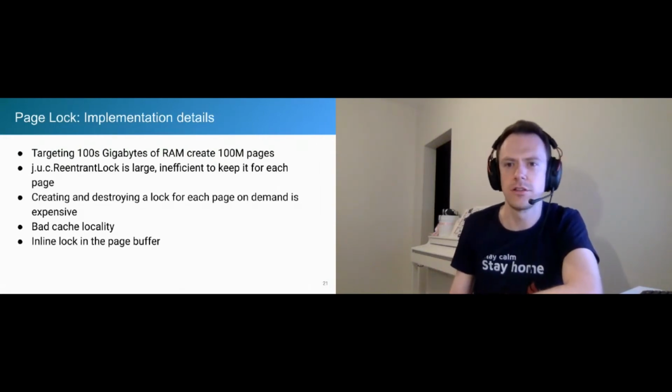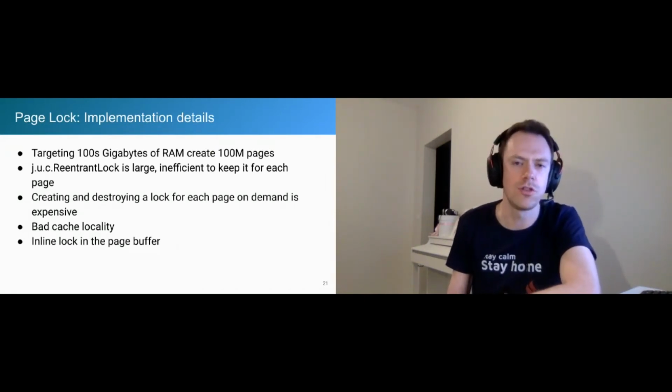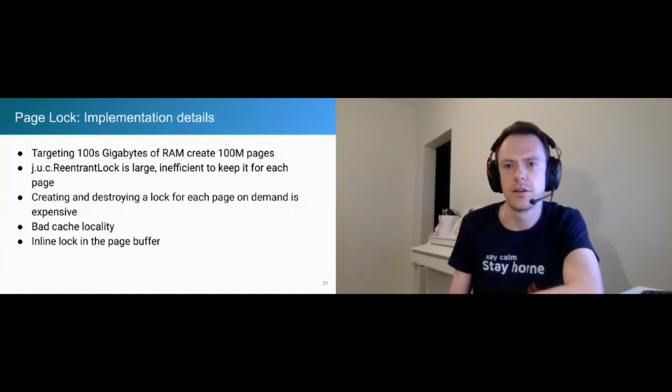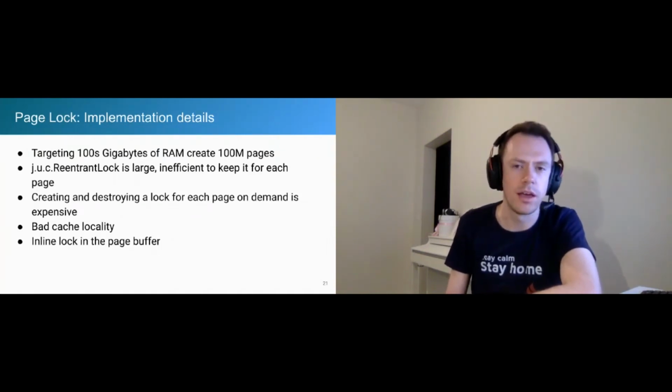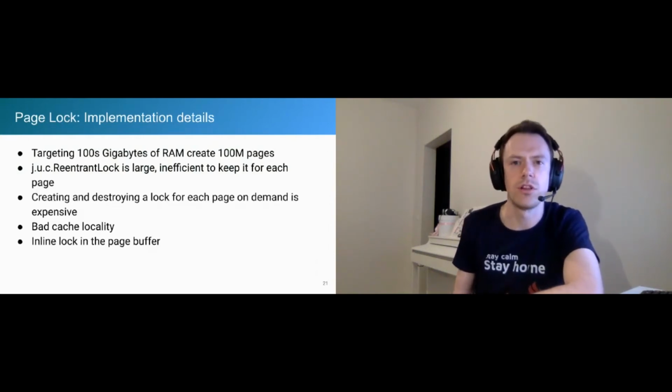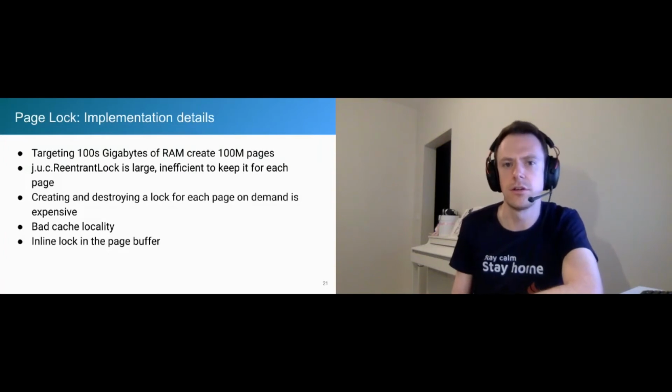The first and straightforward solution is to have a separate instance of java.util.concurrent ReentrantReadWriteLock for each of the pages. But we were targeting hundreds of gigabytes of RAM, and given that each page takes from 4 kilobytes to 16 kilobytes of data, it would mean that we would end up with hundreds of million pages in memory.